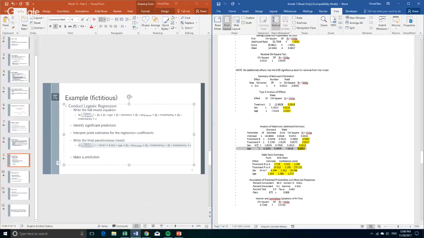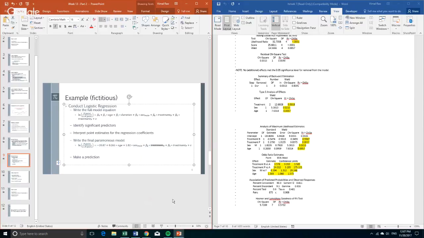Now, sex was, and it looks like actually female was the reference group. So I typed this incorrectly before. I apologize for that. So if you're a male, then the regression coefficient is 1.8235. Let's round that. Let's just keep it 1.82.